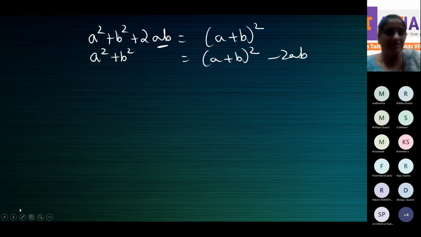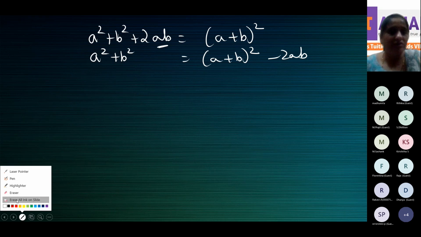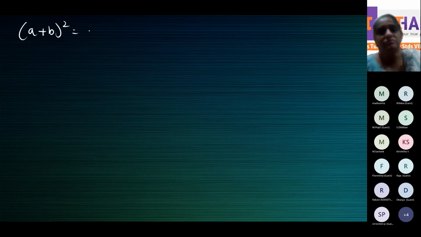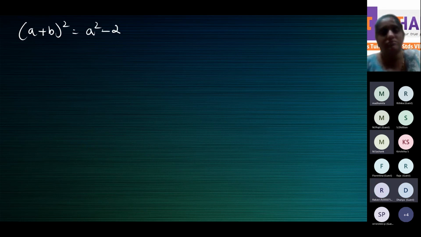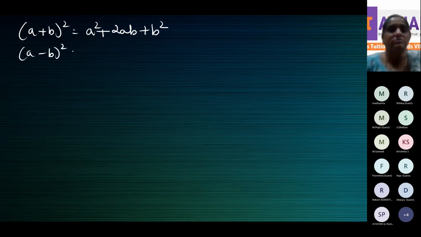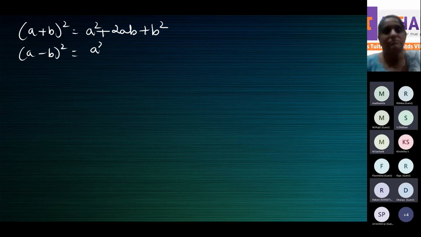So let me take another slide. See here. Listen very carefully, children. Now tell me what is a plus b the whole square? It is a square plus 2ab plus b square. Okay. Now what is a minus b the whole square? A square minus 2ab plus b square.